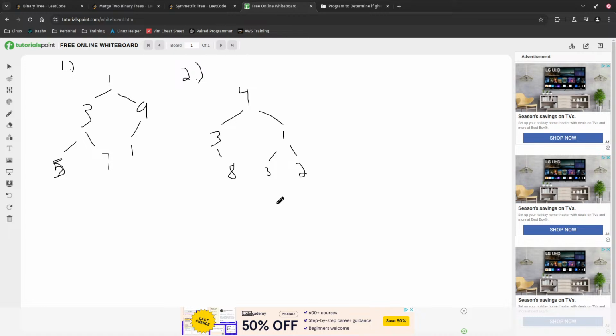I mean, obviously right here, 1 and 4 would make 5. And 3 and 3 would make 6. 5 and nothing would make 5. 7 and 8 will make 15. 9 and 1 make 10. 1 and 3 make 4.